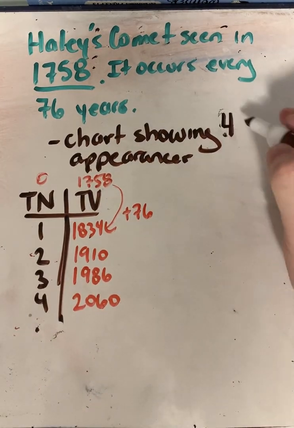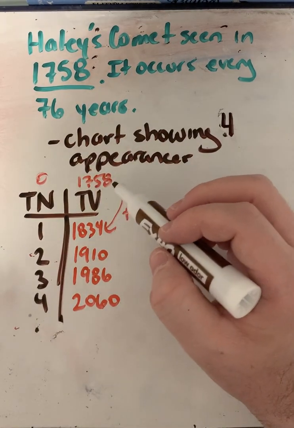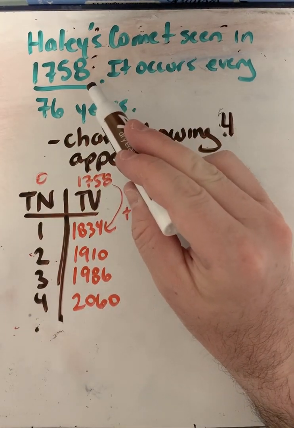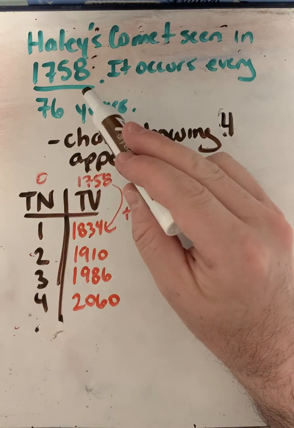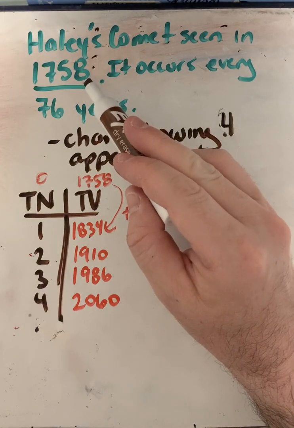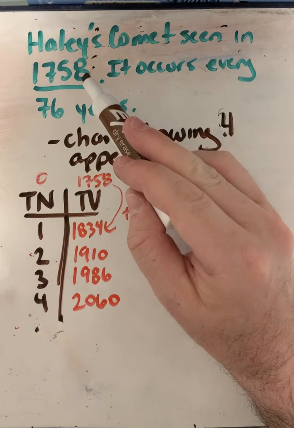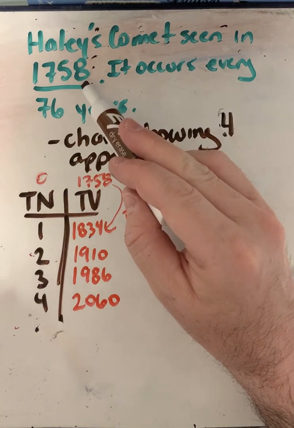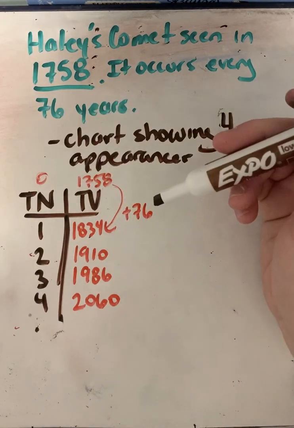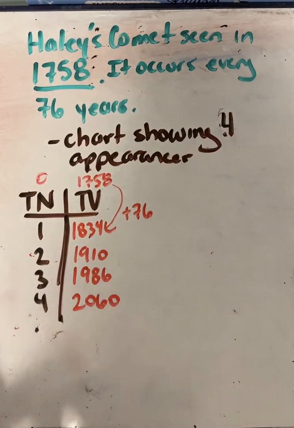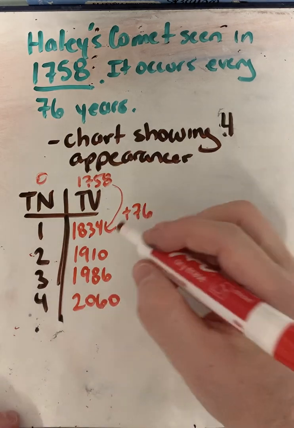The reason I showed you this is because you're given your constant here, because you know that 1758 is never going to change. It's always going to be the birth of this thing when it was first seen. So how is this increasing?